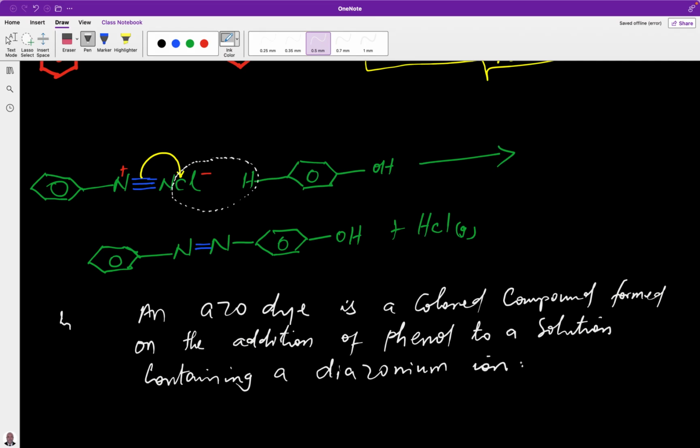So that is an azo dye. So that is how you can prepare it.